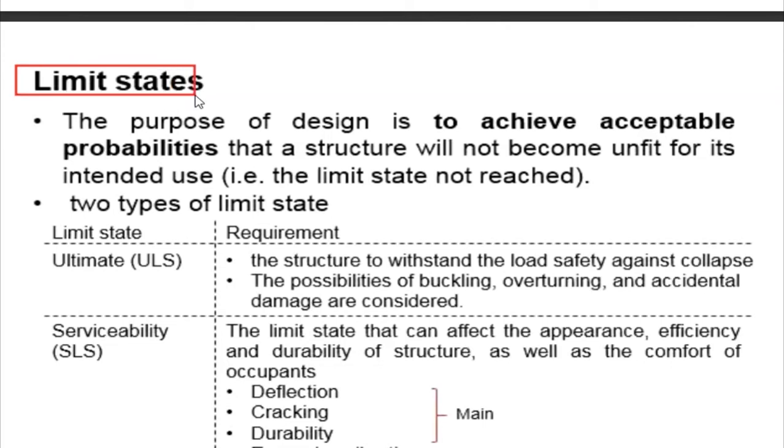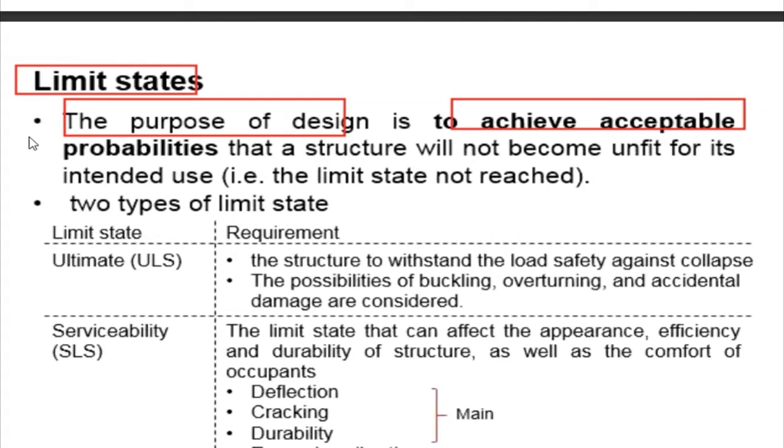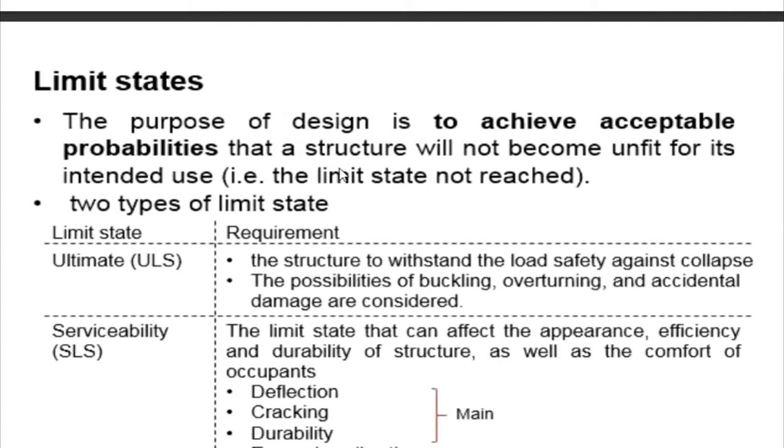Now the limit state. The purpose of the design is to achieve an acceptable probability that the structure will not become unfit for the intended use. Now the limit state not reached. It means that when you want to design for the limit state, the state which is considered the maximum should not be reached.